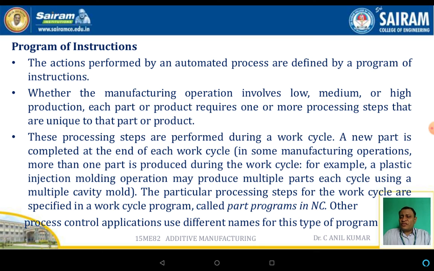Now, the program of instructions. The actuations performed by the automated process are defined by the program of instructions. Whether the manufacturing operation involves low, medium, or high production, each part or product requires one or more processing steps, which are unique to the part or the product.